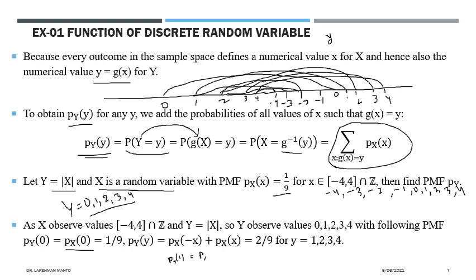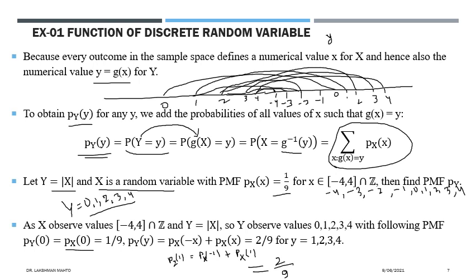Remember that the suffix here I am giving y, and here I am giving x, so you have to focus. The suffix here is x. So probability of x equal to minus 1 plus probability of x equal to 1, that will sum to 1 by 9 plus 1 by 9, that means 2 by 9.